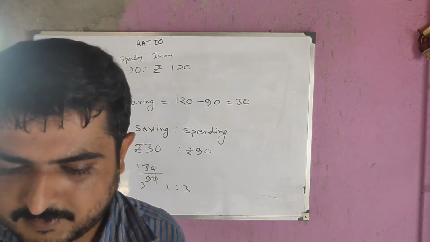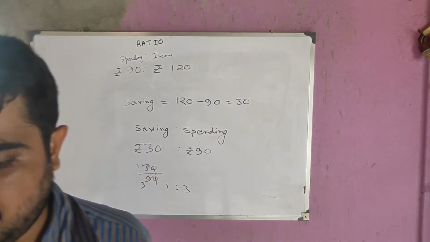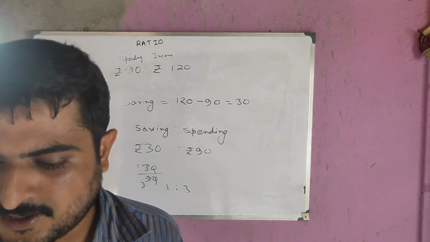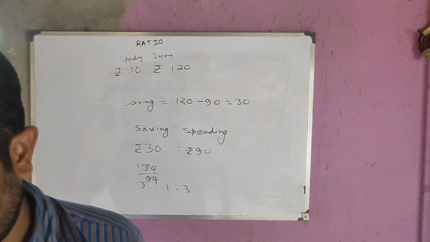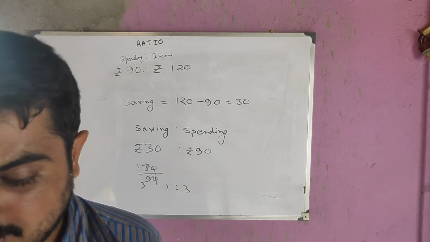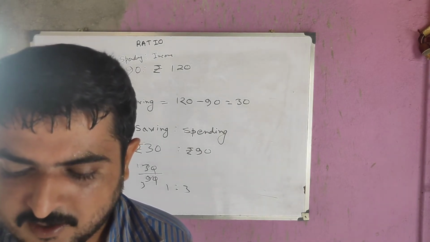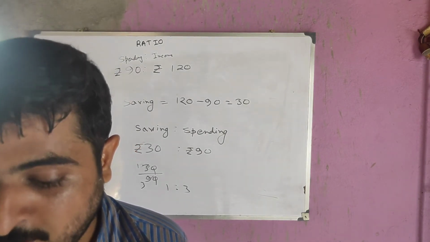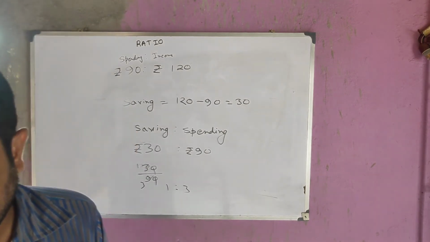Next, a pole of height 3 meters is struck by a speeding car and breaks into 2 pieces such that the first piece is 1 by 2 of the second. Find the length of both pieces.